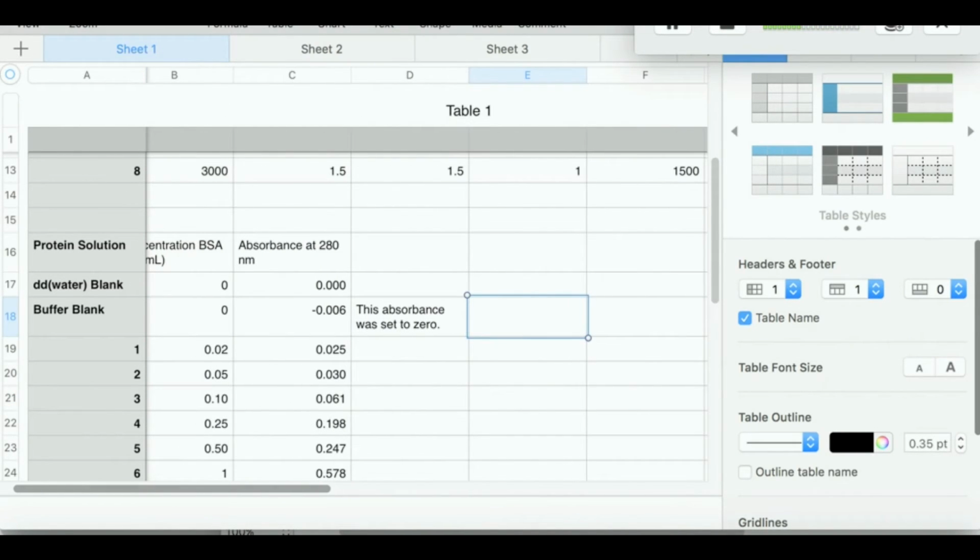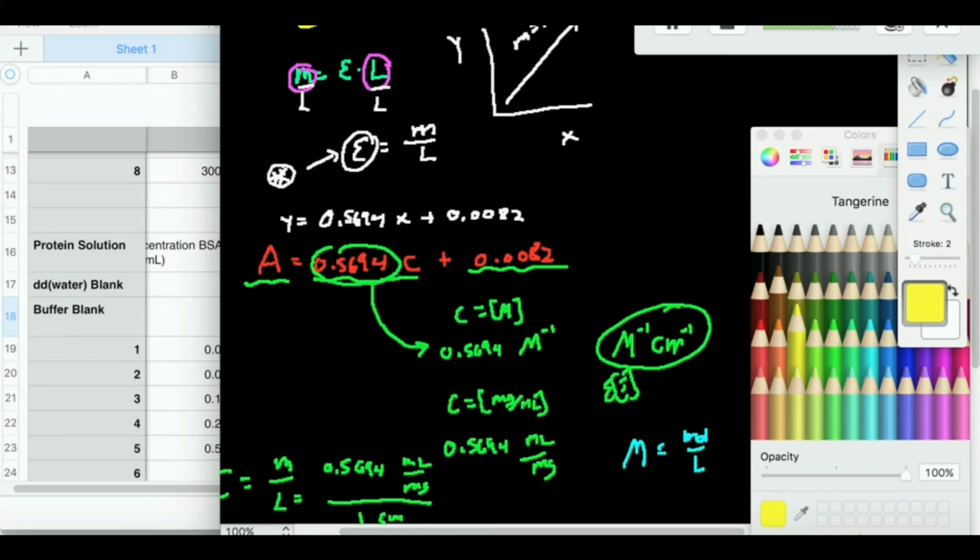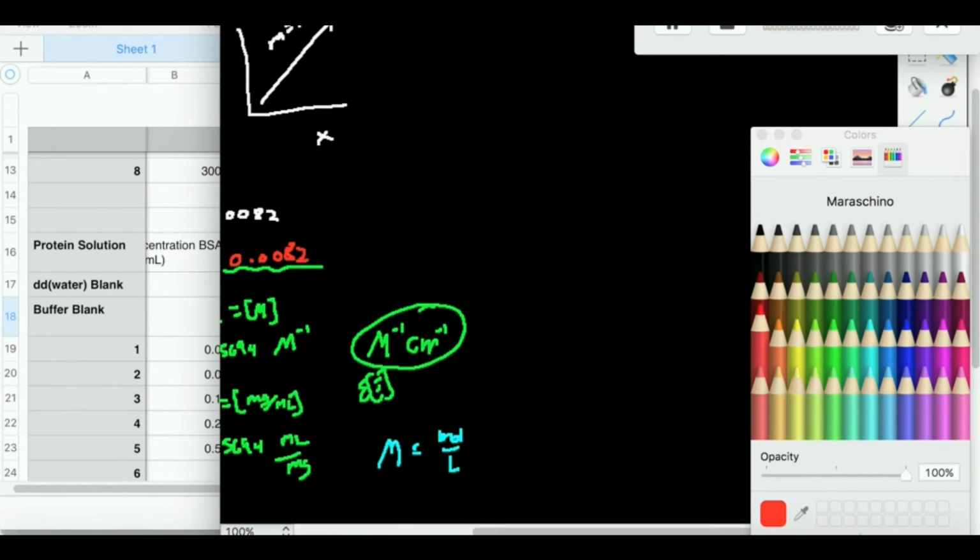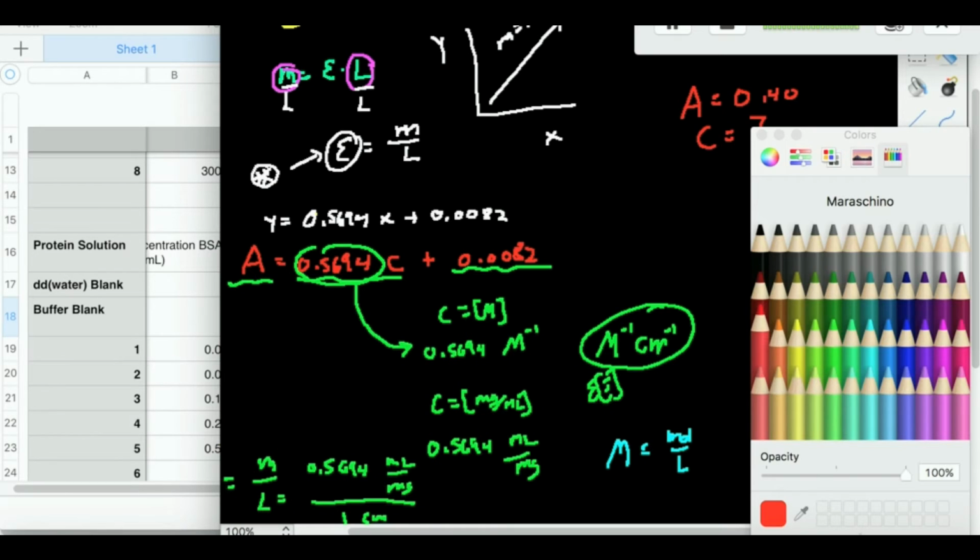So I'm going to pick a concentration, let's say 0.4. I didn't explicitly measure that. So let's suppose I have an unknown absorbance of 0.40, and what is the concentration? Now remember, if I use this equation, the concentration is going to be in milligrams per milliliter. I can convert that to molar, but it will be in milligrams per milliliter, and that's still fine.